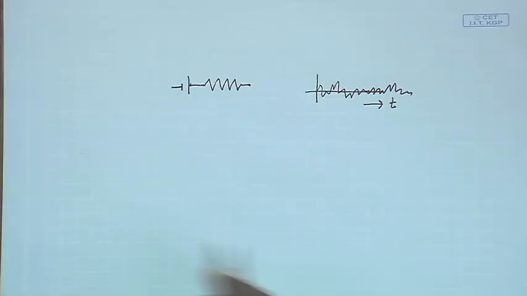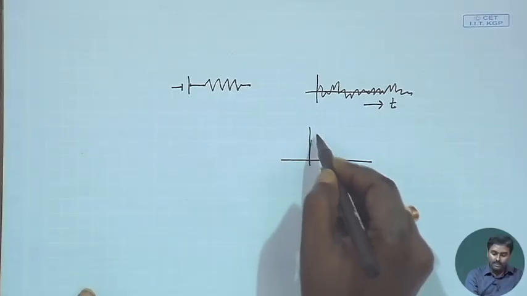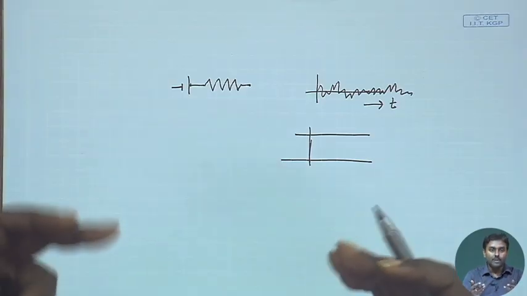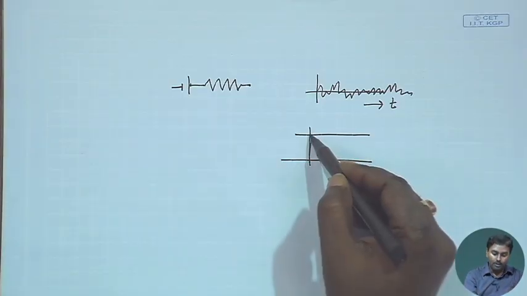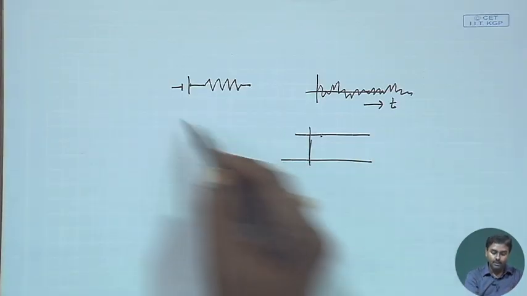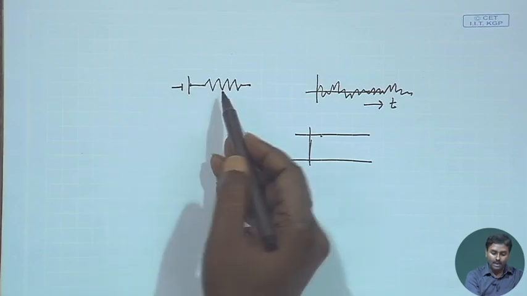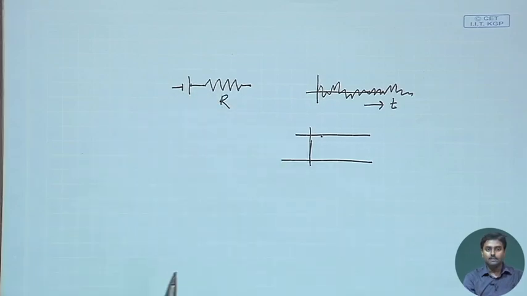Okay. Now, if you start giving a voltage source across this resistance, there will be a constant current across the resistance. Immediately you will see a DC shift to this random current, and this DC shift is due to the voltage source and the value of the resistance.